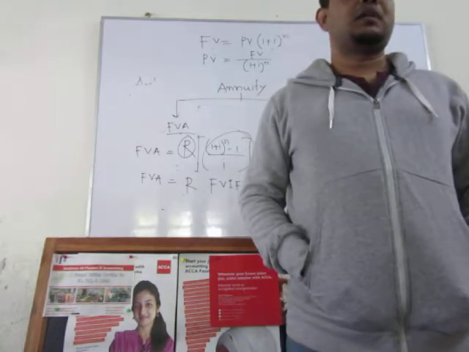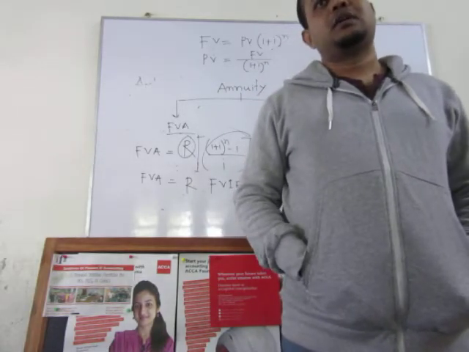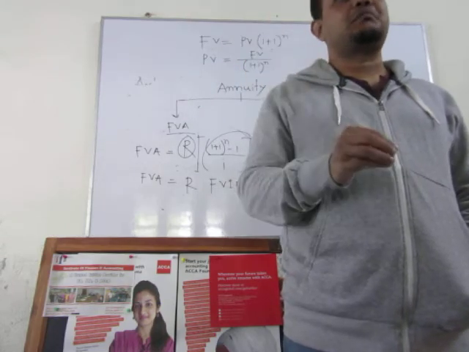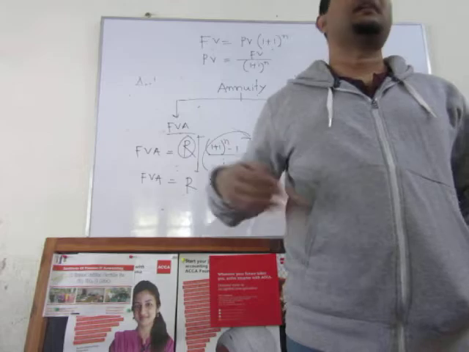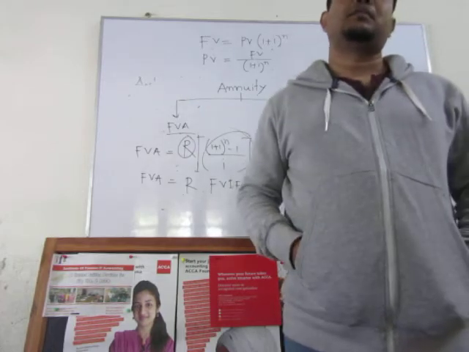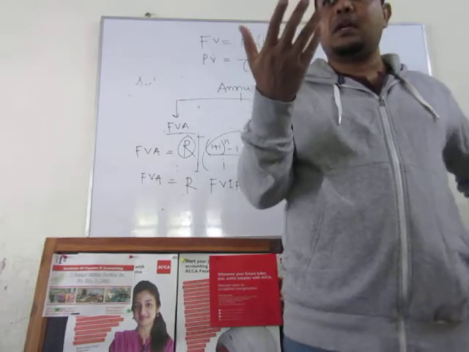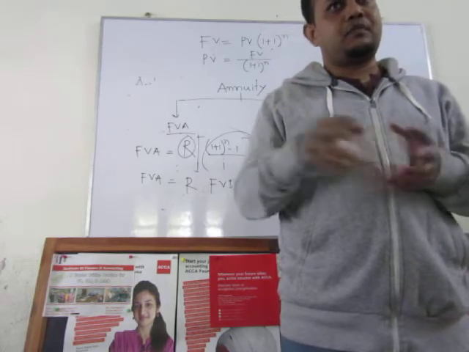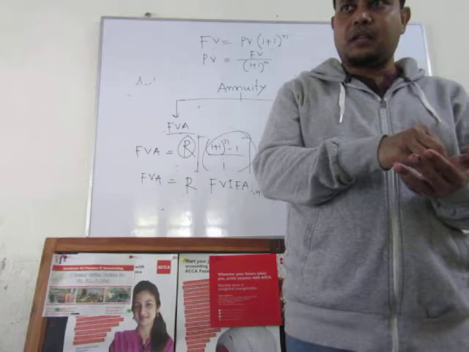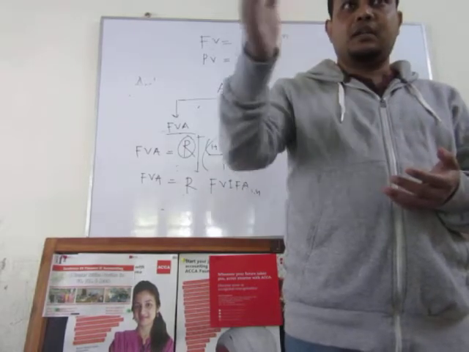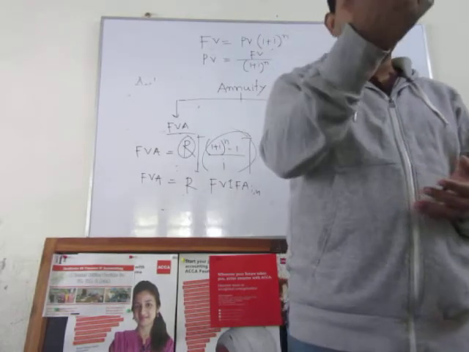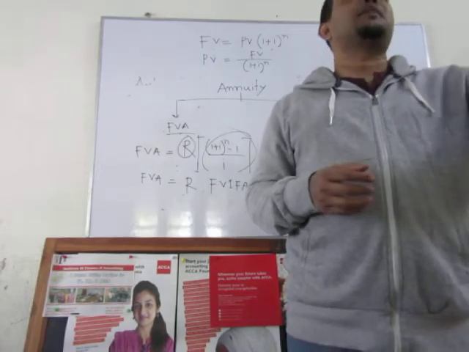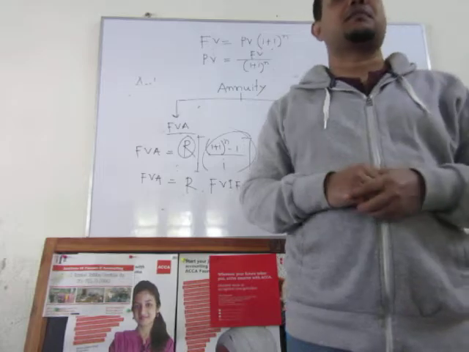How much? $300. It is normal that you have to invest less than $300 today. For example, you are investing $210, the bank is providing interest on that, and then at the end of each year the bank is providing you $100, total $300. That means you are getting some extra interest with your investment. Clear?